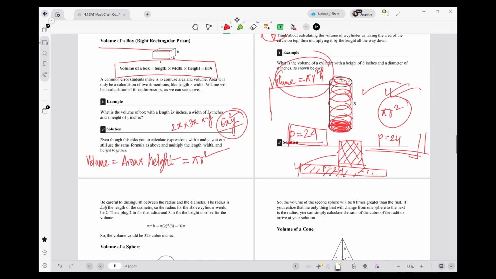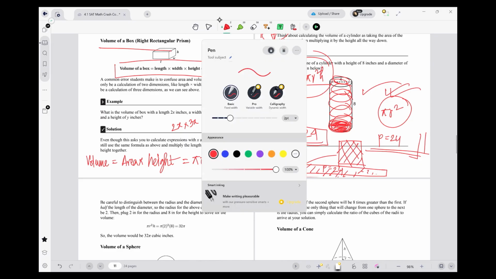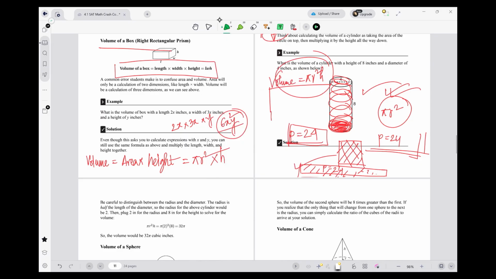A cylinder, a circle, and then multiply it with its height, because the surface area at this point and the surface area at this point are all the same, even here, all the same. They just consist of an infinite number of circles, right?